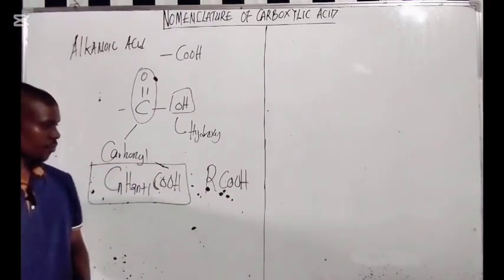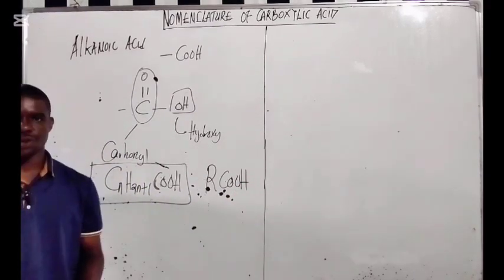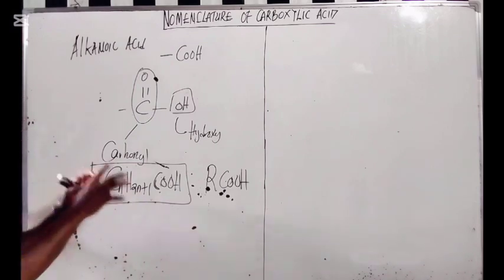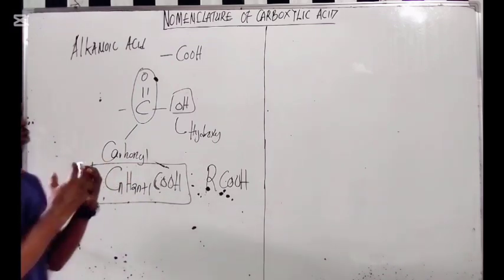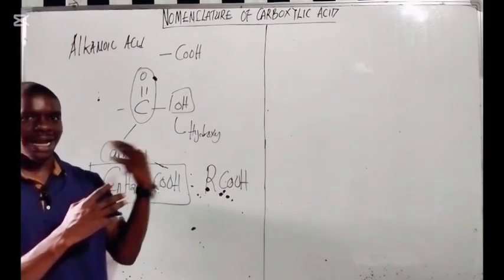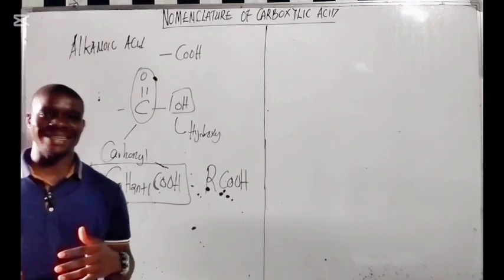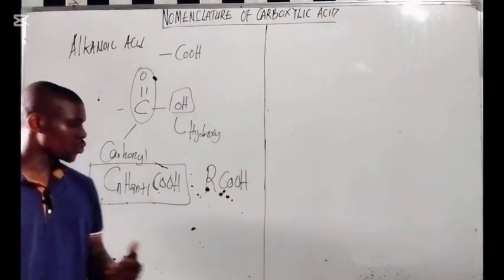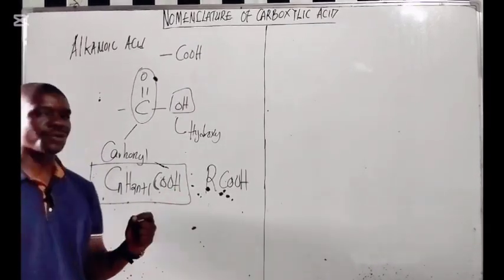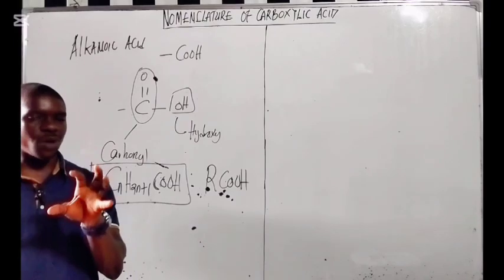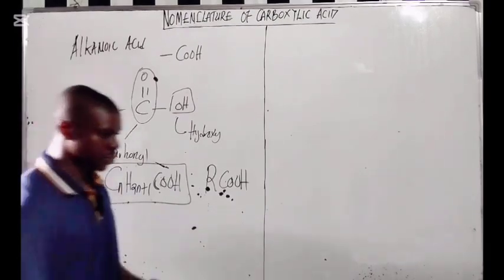Do you understand? So this is called the alkanoic functional group, right? These are certain things to know when it comes to alkanoic acid. So when you see an organic compound with COOH here, just know that it is an alkanoic acid.